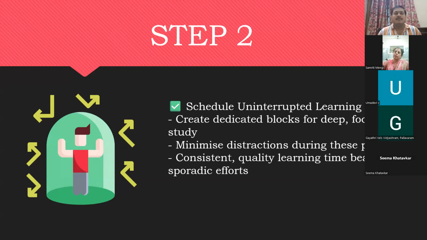When they are putting lots of effort, the learning becomes qualitative. It is not about how many hours you are studying. It is how much you could study in that time. Even if you are studying for 1 hour, what was the quality of your study? That's how it is.